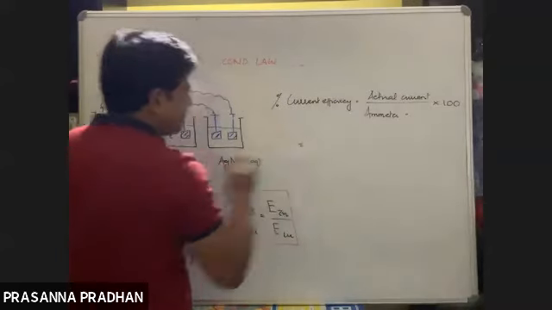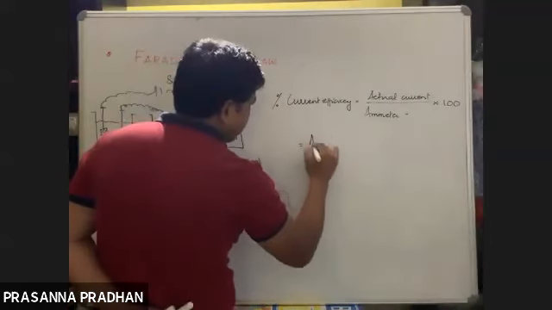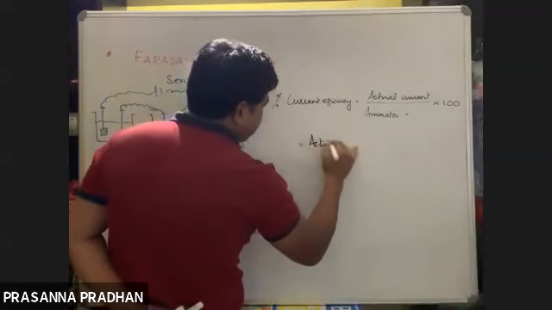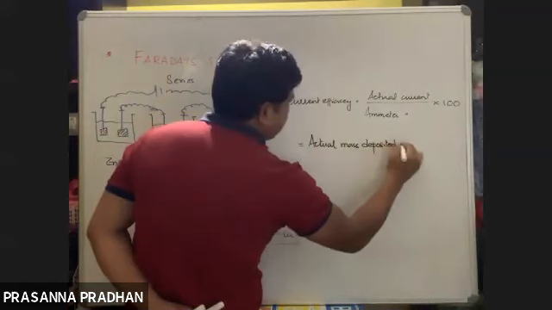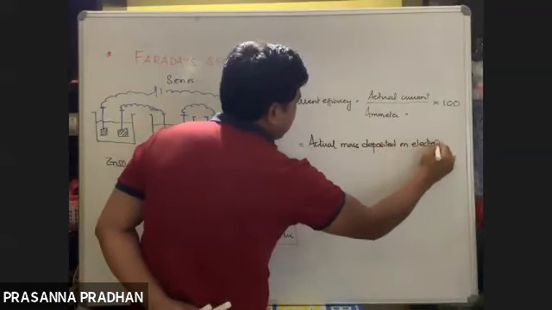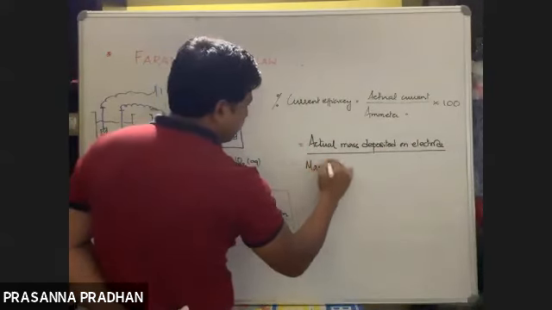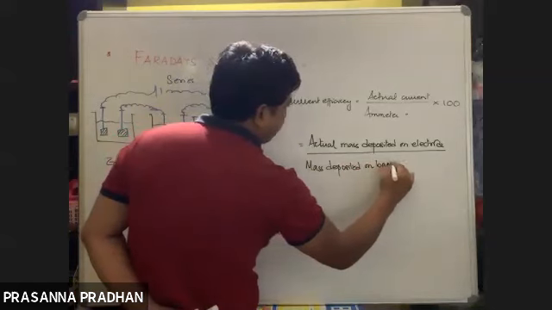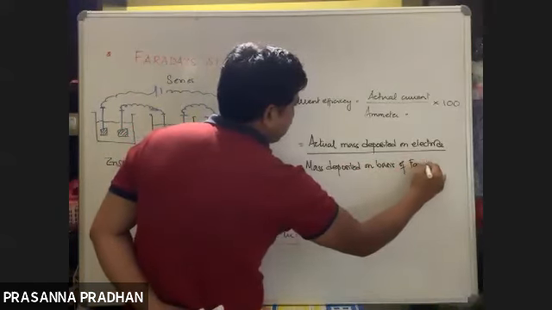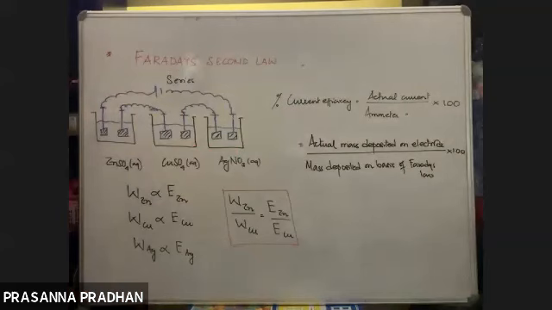Or this can also be written as actual mass deposited on electrode, the mass deposited on basis of Faraday's law, multiplied by 100. You just write down the formulas out here.